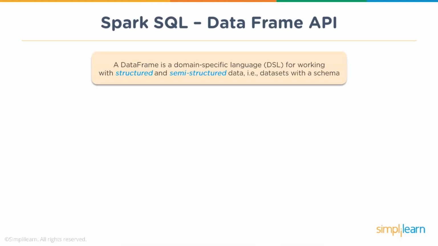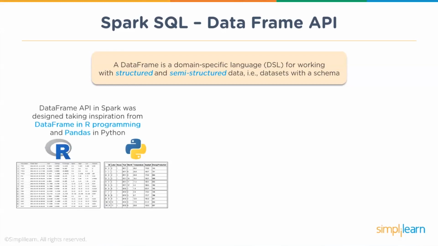When we talk about data frame, it is basically a data set organized into named columns, or we can say representing your structured data or semi-structured data in the form of rows and columns, with columns having headings. So it is conceptually equivalent to a table in a relational database or a data frame in Python or R programming language, but it has richer optimizations under the hood.